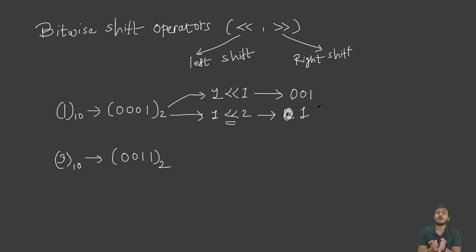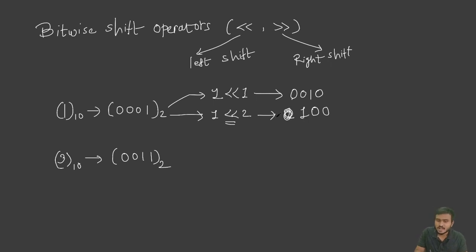Similarly, if we shift our bits 2 positions to the left, then there is going to be room for 2 bits on the right hand side. You can observe here that in the second expression we have a result with only 2 bits. So in this case we are going to append 2 zeros at the end, and in the first case we are going to append 1 zero at the end.